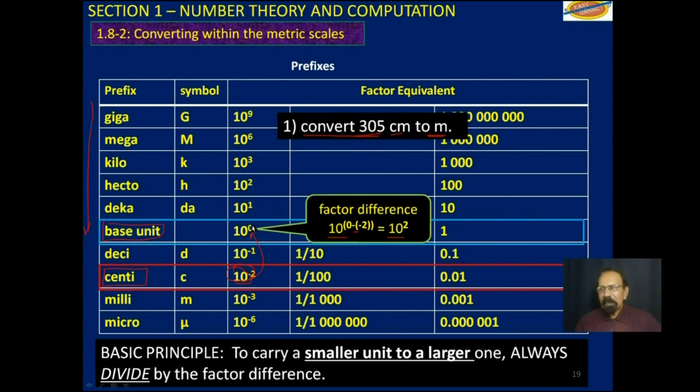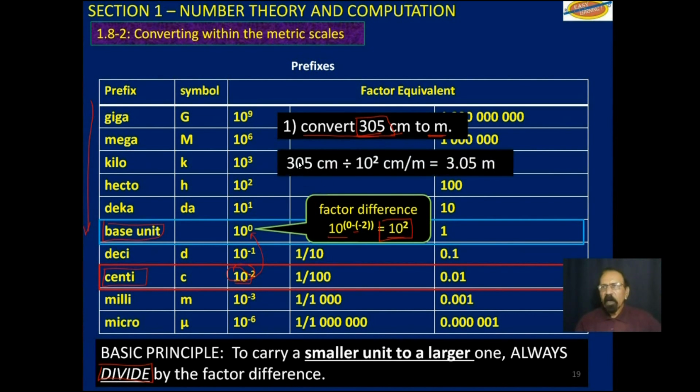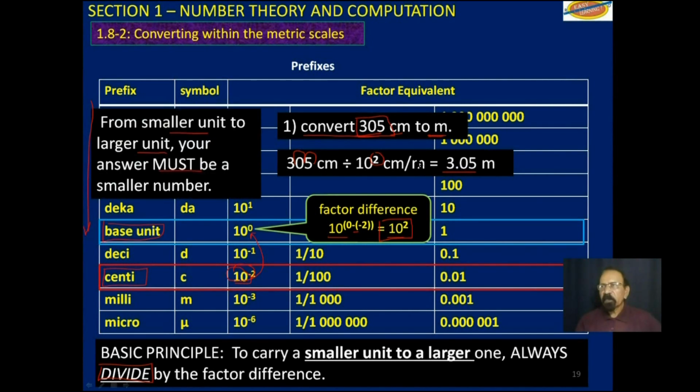So we will divide, always divide when you go from a smaller to a larger, which means that we are going to divide this 305 by 10 squared, or 100. And so there's a square here, you're dividing by that, you shift this point 2 places, and you get 3.05 meters. So from a smaller unit to a larger unit, your answer must be smaller than the number you began with. So we began with 305 and we ended up with 3.05.